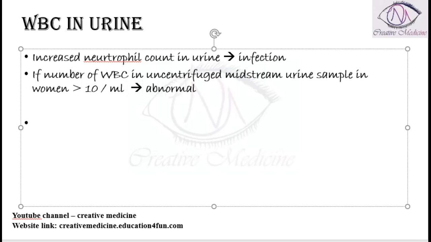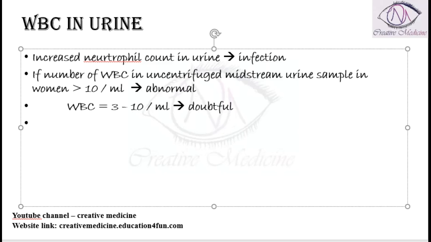If the WBC number is between 3 to 10 per ml, then it is of doubtful significance. If the WBCs are less than 3, obviously they are not significant. This is for a female.